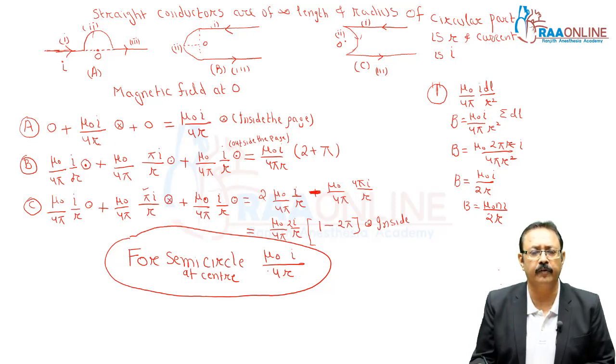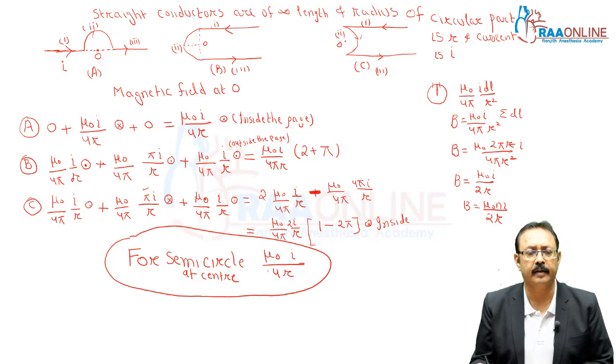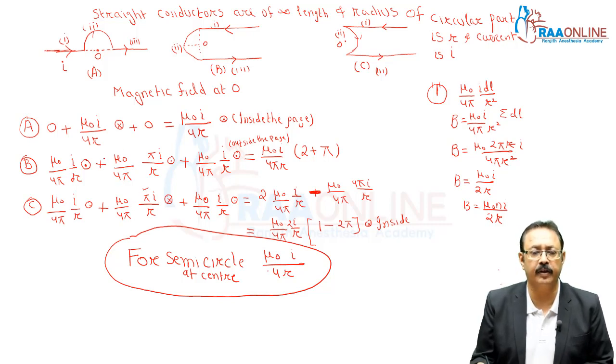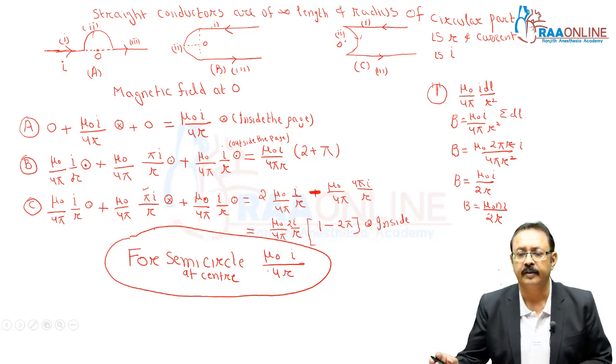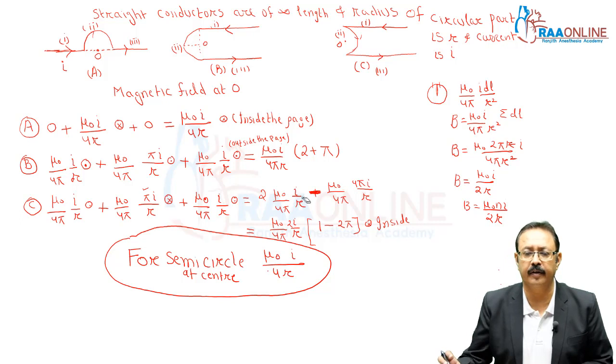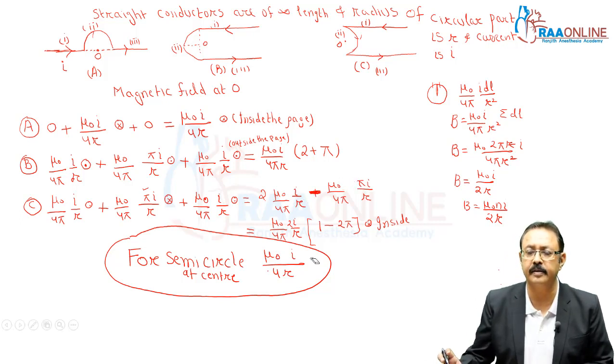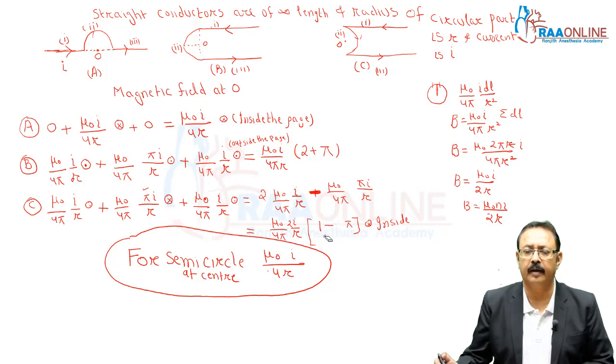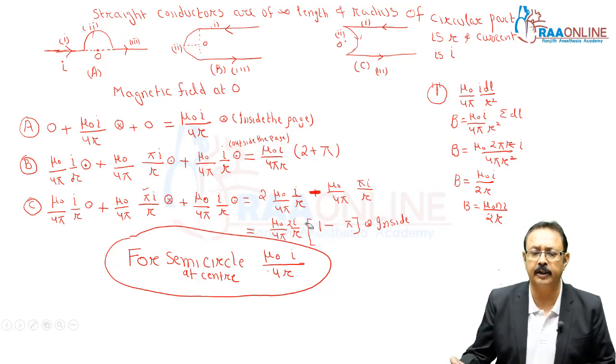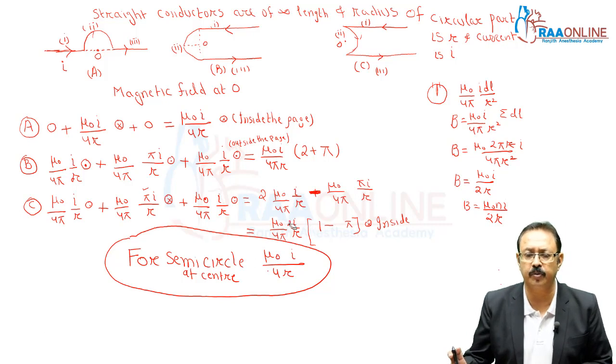In this case also, mu naught I upon 4r. In this we multiplied by pi, 4 was there. So not 4, it is... we cannot take this 2 common.